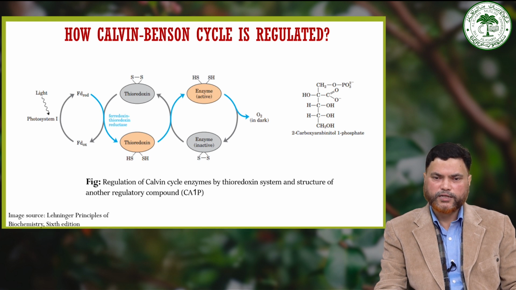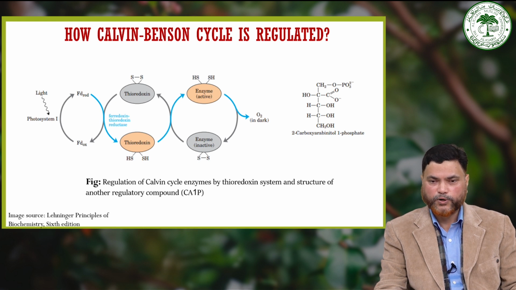Additionally, another regulatory mechanism is by 2-carboxyarabinitol 1-phosphate, abbreviated as CA1P, which is a nocturnal inhibitor, a compound synthesized in high concentration in darkness in legume leaves.